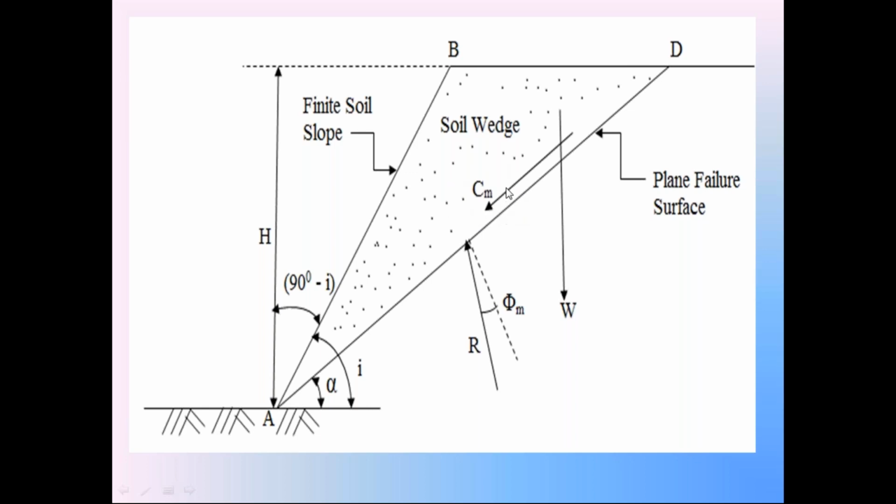This is called the mobilized cohesion force, capital C_m. It is acting downward, tangential to surface AD, because the soil wedge is failing in the downward direction.